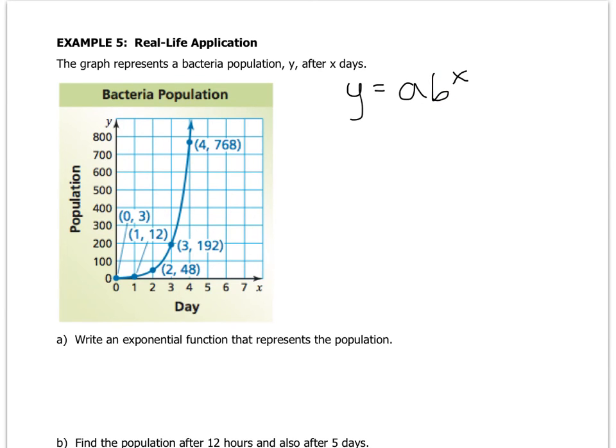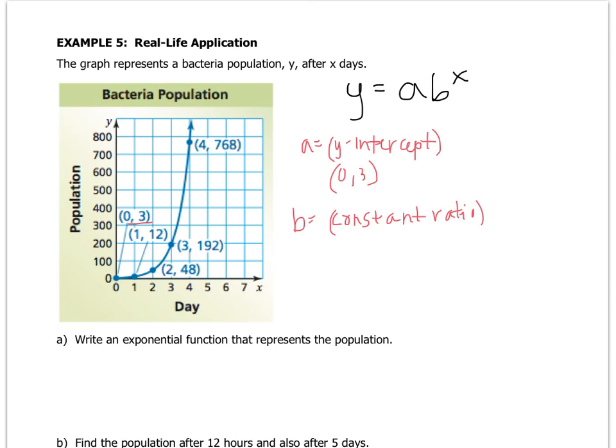So the a value is the intercept, which in this case is 0, 3 right here. It's listed. And the constant ratio is what you're multiplying by every time you go up a value.